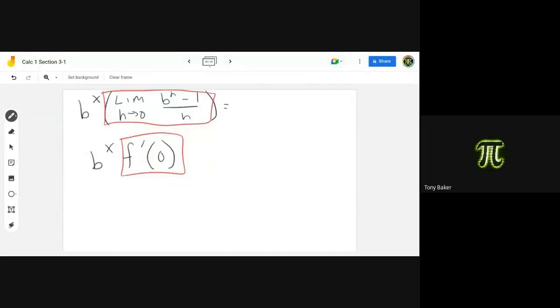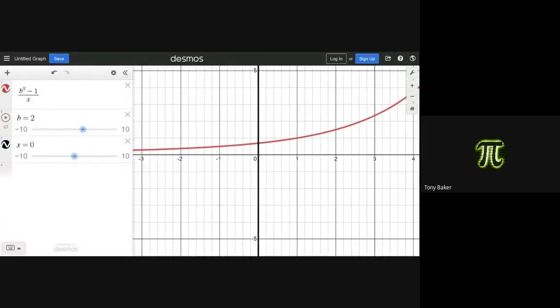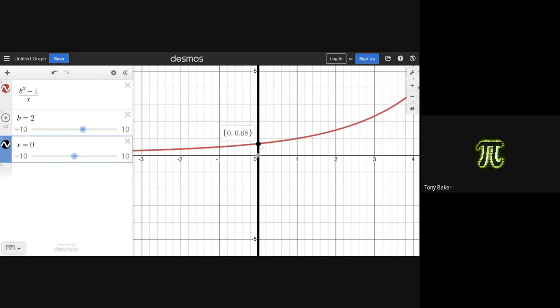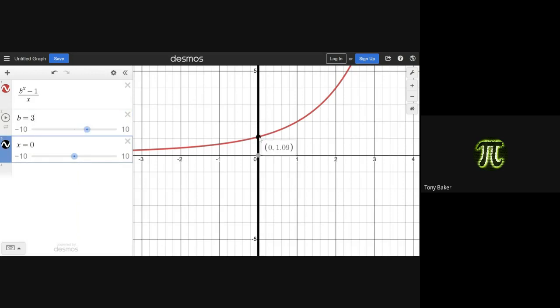If we look at this graph, we're looking at it at 0. That's the value that I want to look at. So if b is 2, we're at like 0.7. If I set b to 3, now we're above 1 somewhere, right?